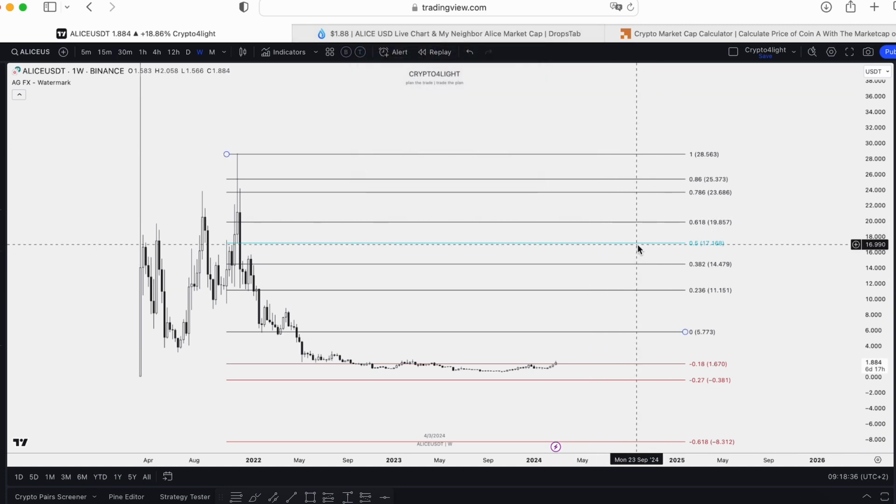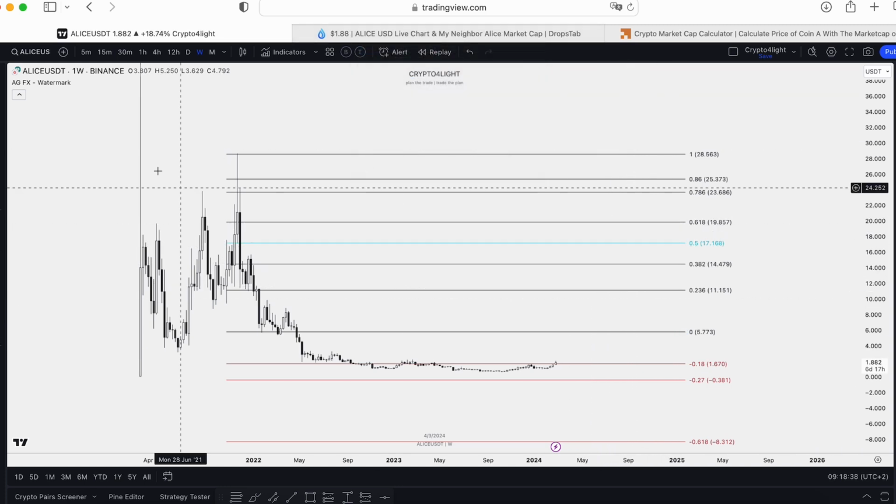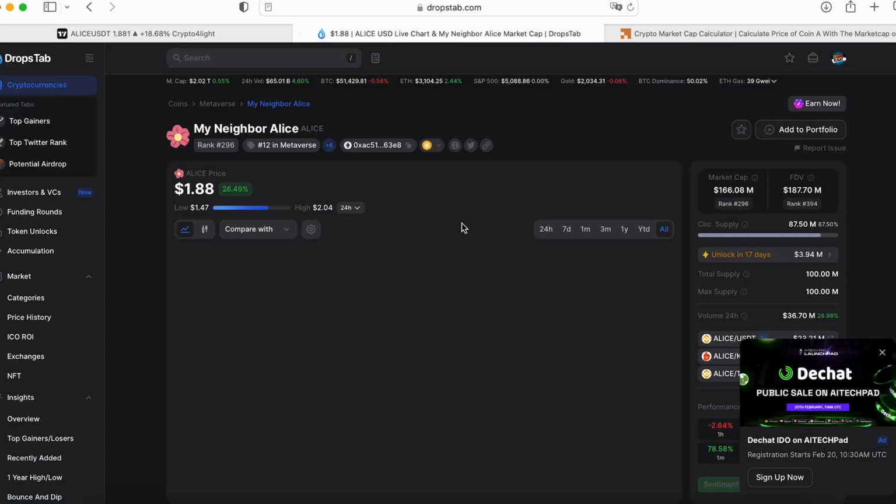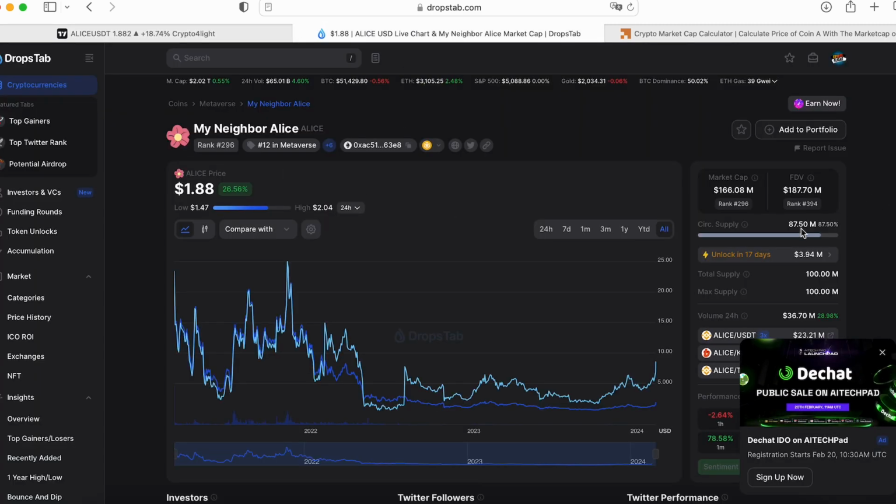Why exactly this one? Because it's going to be just a correction to this global main fib. We can take a look at basic metrics: 87 million coins in circulating supply, 87%. The highest point of the market cap on Alice was here, around 435 million, and the price at that time was $23.